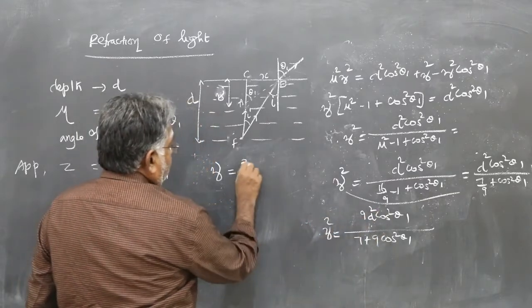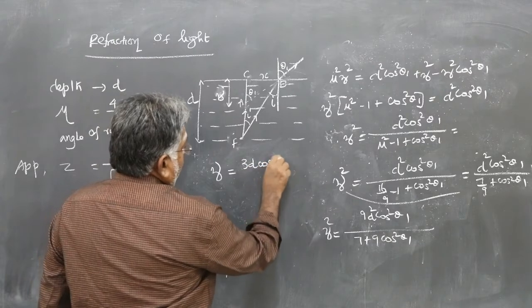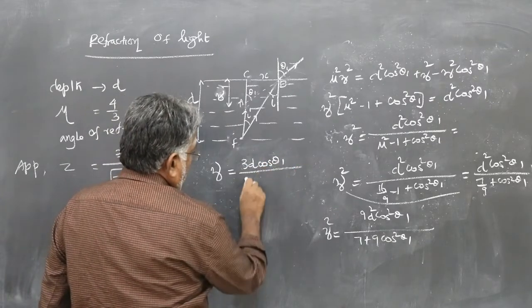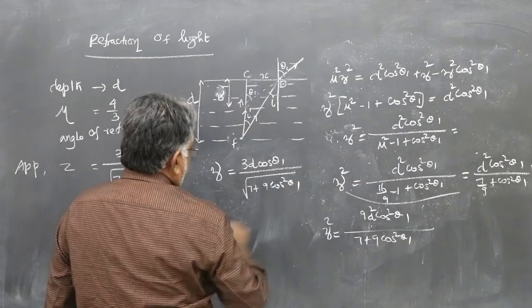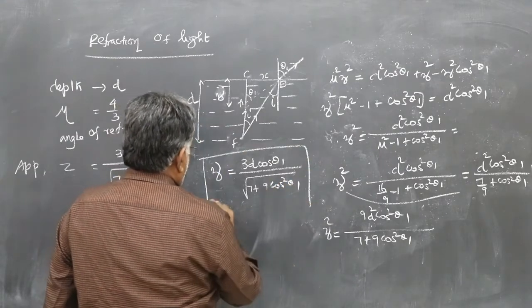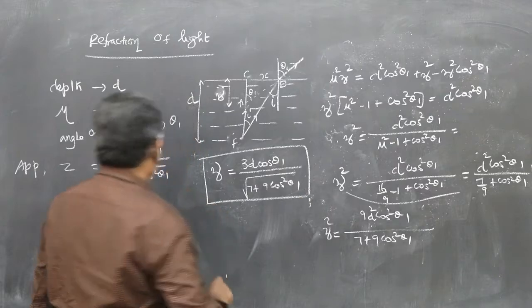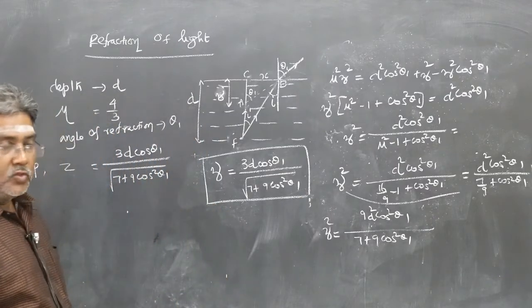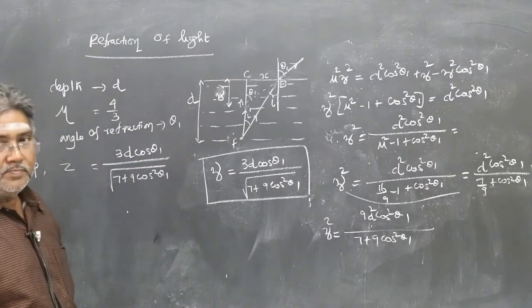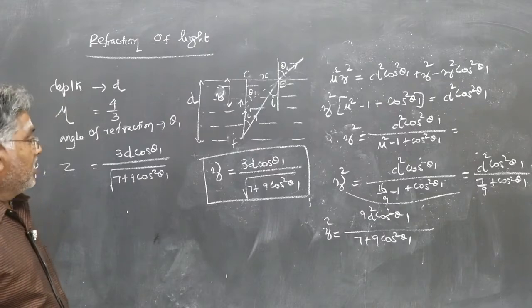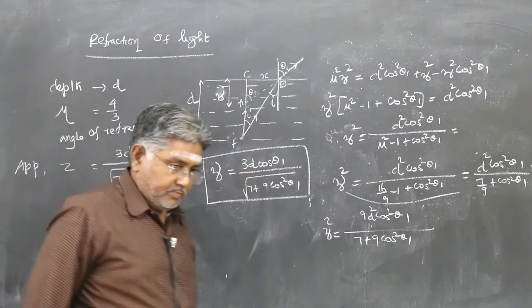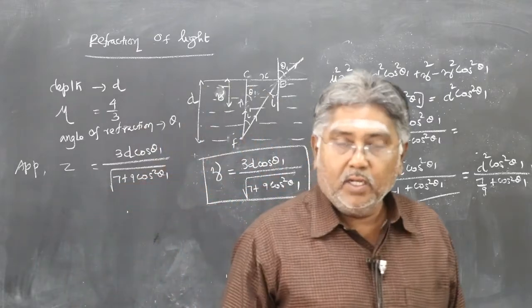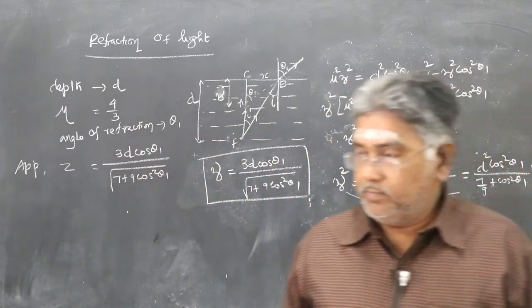So the numerator will have 3d cos theta 1 by square root of 7 plus 9 cos square theta 1. That is z. So z is 3d cos theta 1 by root of 7 plus 9 cos square theta 1. Hence we have proved it.